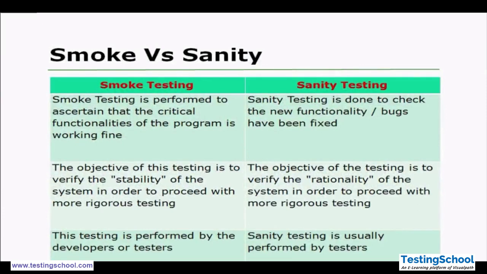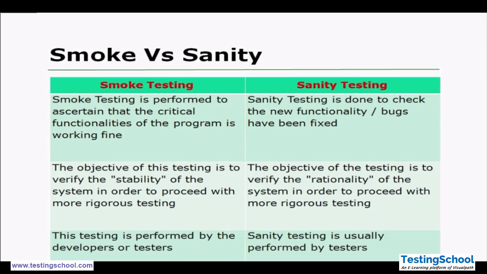Smoke testing is performed to ascertain that the critical functionality of the program is working fine. But sanity testing is done to check that the new functionality or the bug fix is working. The objective of smoke testing is to verify the stability of the system, and the objective of sanity testing is the rationality of the system.